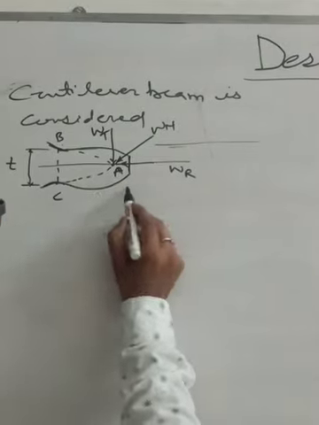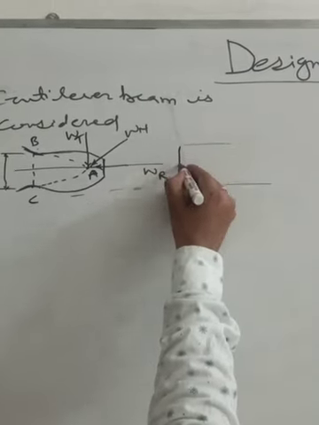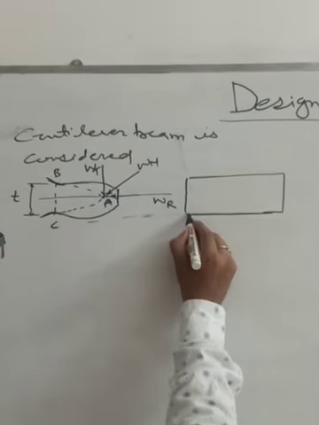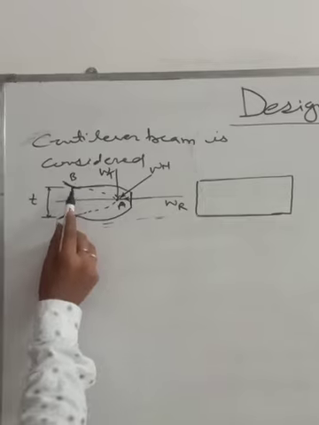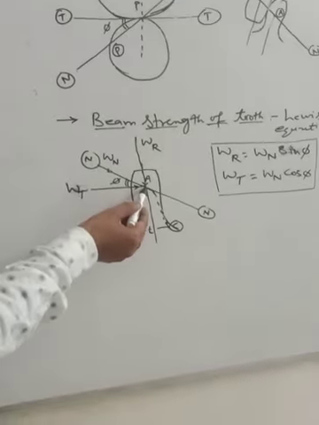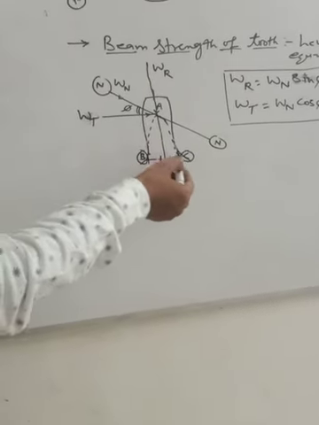Now if you are considering the cross section of this, this is the cross section of this weakest section, this is the weakest section BC. We have identified that according to this parabola, this is the weakest zone or weakest section.